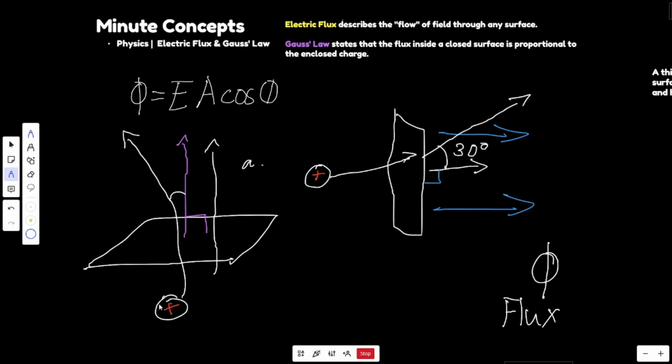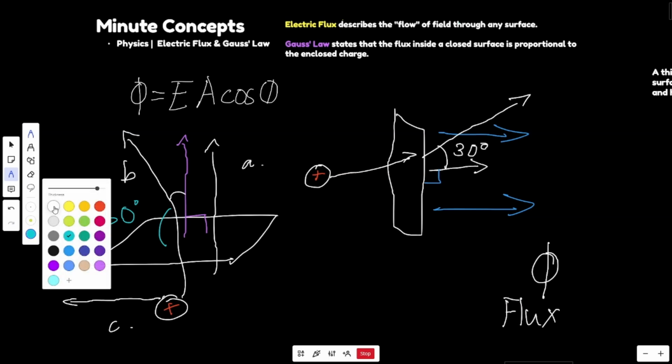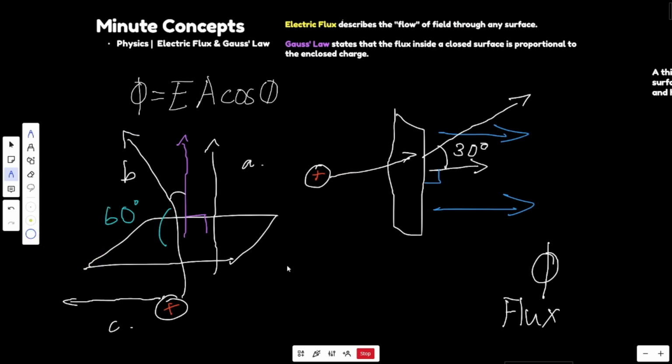And then there's also this way. Now keep in mind when solving, this is B, this is C. The angle between here and here, I'll signify it. This is 60 degrees.